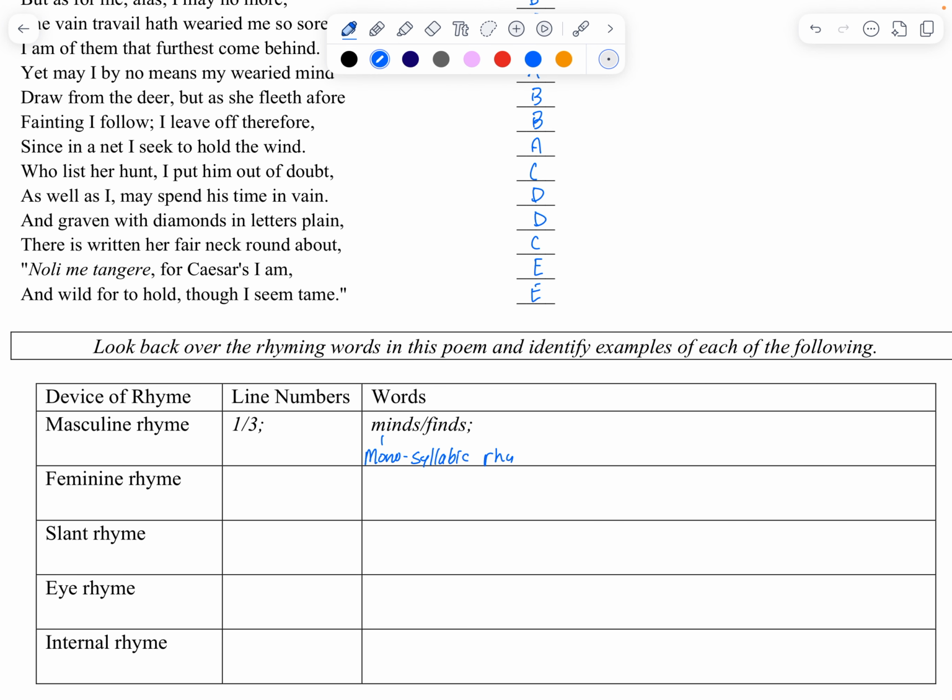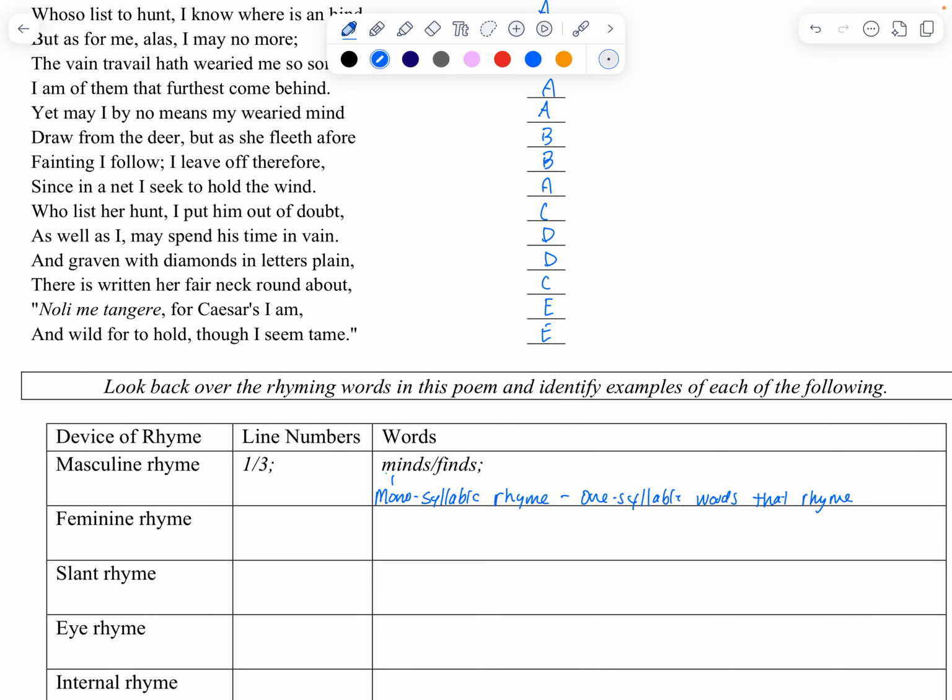Monosyllabic rhyme, okay? So this means it's either one syllable, whoa, can't even spell today. One syllable words that rhyme, okay? So for instance, we have the words minds and finds.